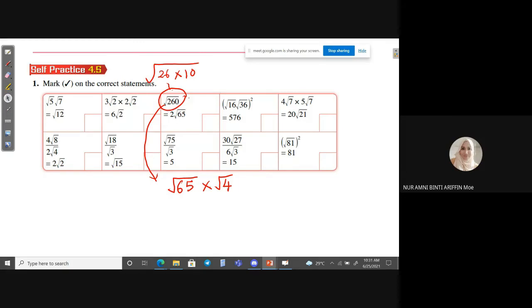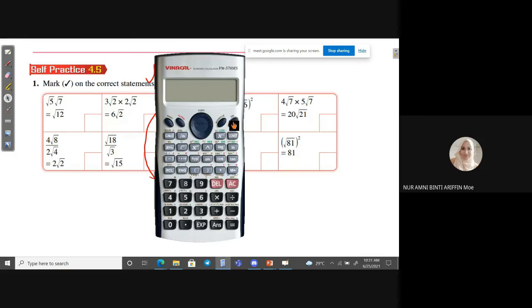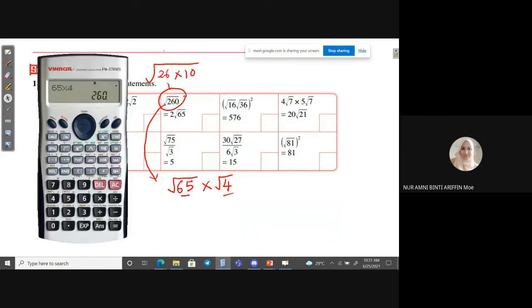So I just expand it to square root of 65 times square root of 4. With a calculator, 65 times 4 becomes 260. For surds, you don't have to find the value of the square root, because we want to solve calculations involving surds, so we use the symbol.